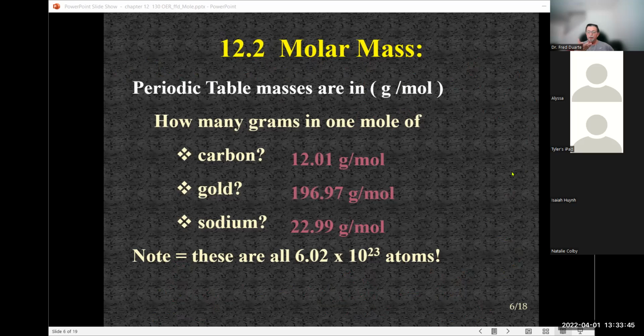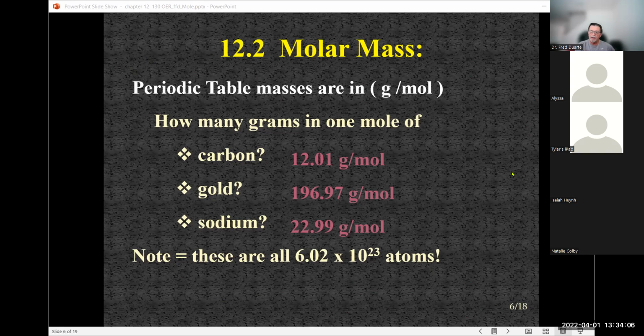Okay. Gold, obviously, is a much bigger element. It has an atomic weight of 196.97 grams per mole, whereas sodium has an atomic weight of 22.99 grams per mole.